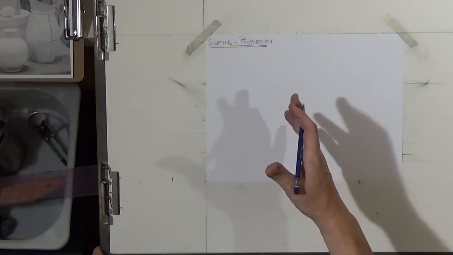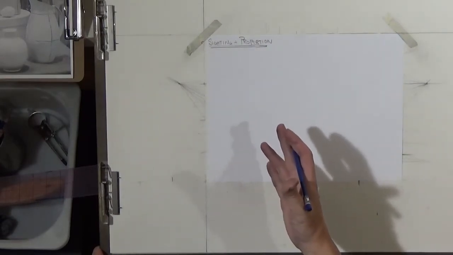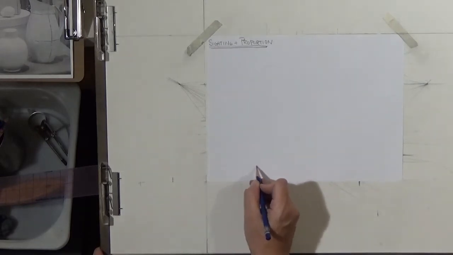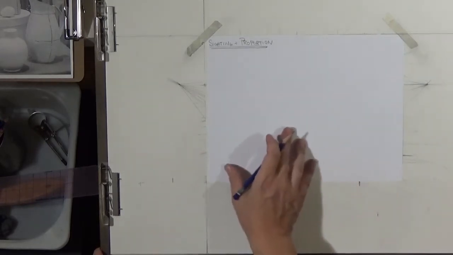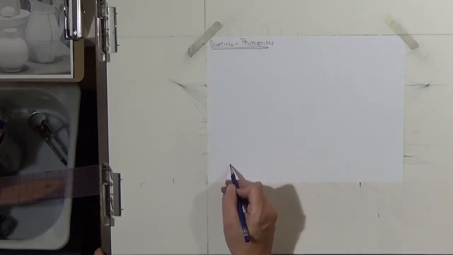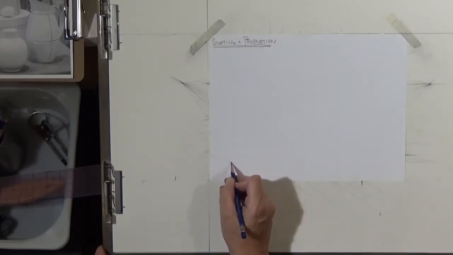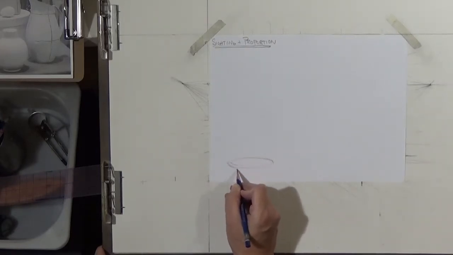Well, when we get into drawing real things, that also still comes into play. So when I'm dealing with a sighting and proportion drawing, frequently what I want to do is think a little bit about perspective.